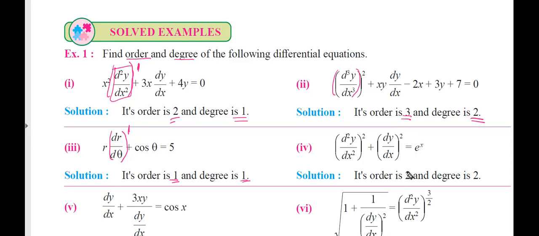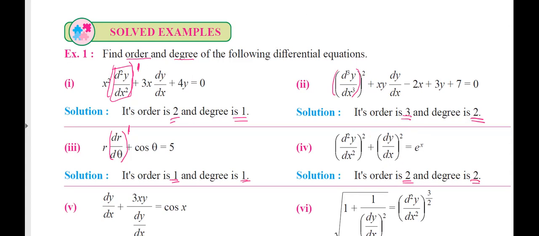This is a differential equation. Its order is 2 and degree is also 2. Why is the order 2? Because the highest derivative is d2y by dx square, and its order is 2. So order is 2 and degree of this order is also 2.